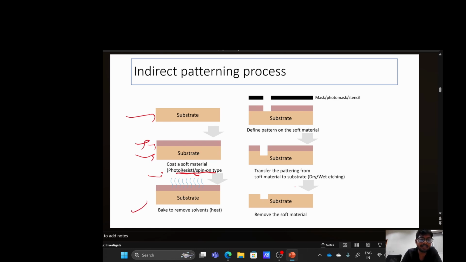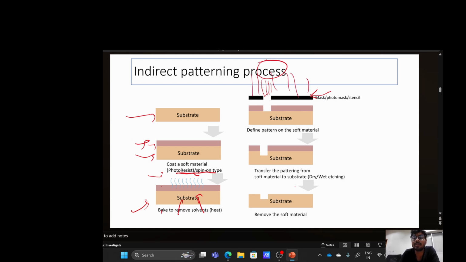Then you bake this substrate to remove the solvents. Then there is the photo mask or stencil. That can be a metallic mask, or a chrome coated glass mask, where there is an opening.